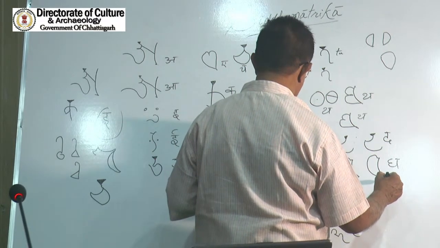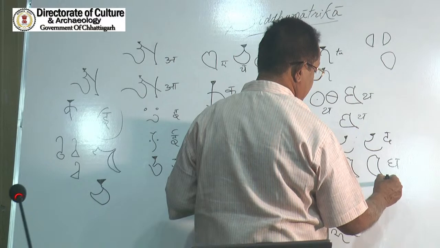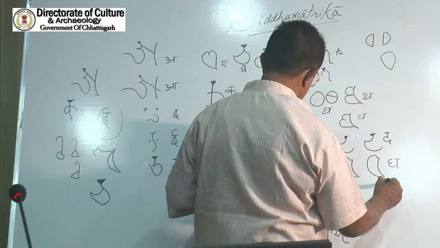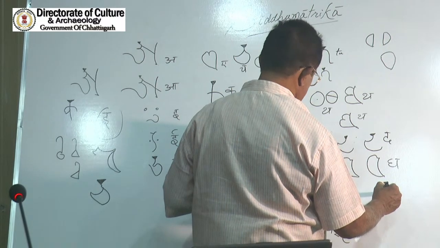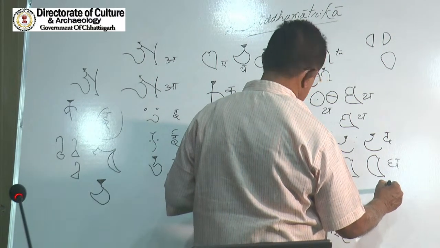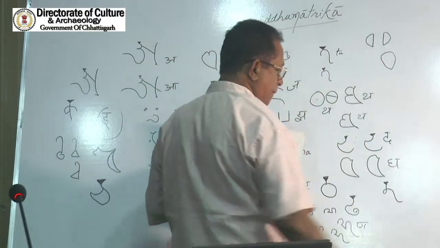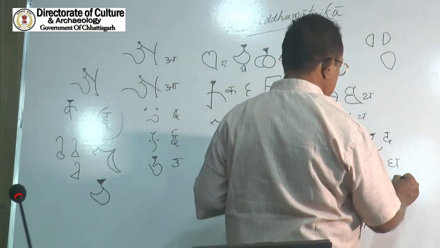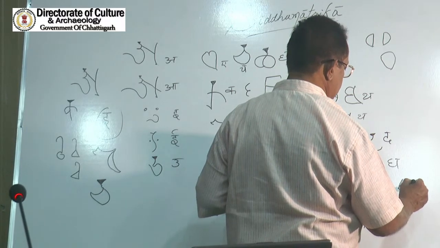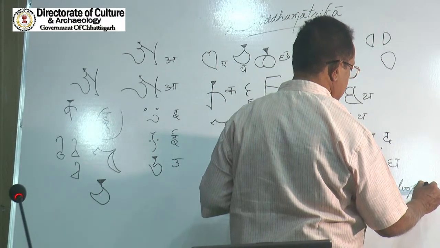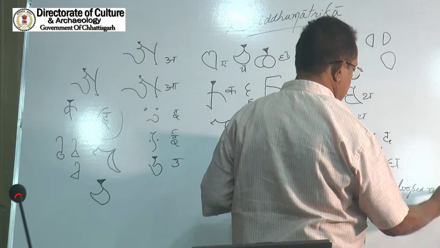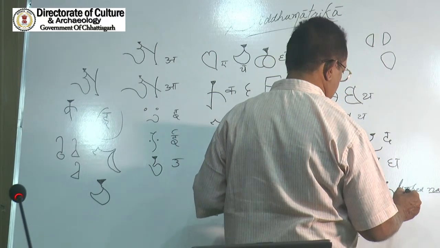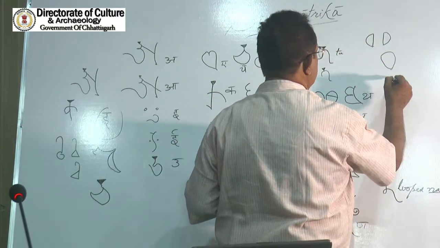Na is formed, looped na, one stroke, where you are taking the stroke like this, and then it's a looped na. And pa is written like this.